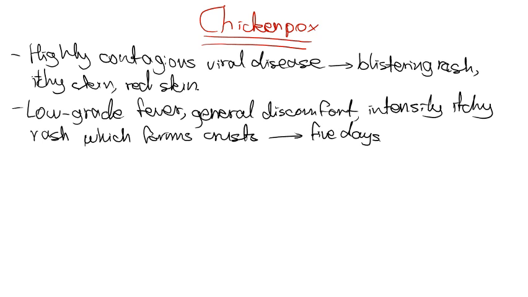Now, there are two things that I want to talk about in reference to chickenpox. Firstly, I highly recommend having a look at a picture of chickenpox on the internet, because chickenpox is a condition in which the rash is quite generalized and it's not very specific to a particular morphology.